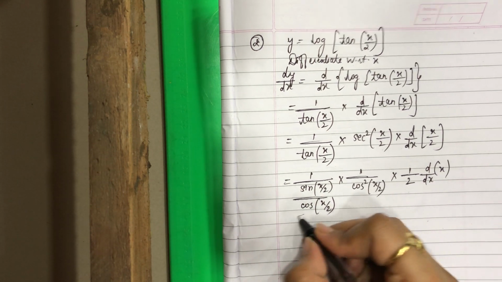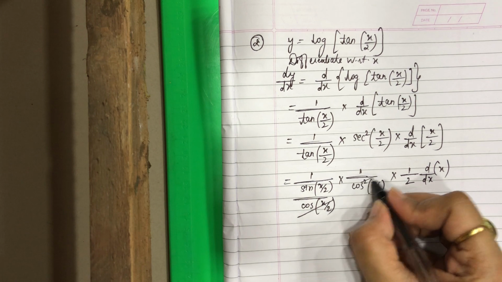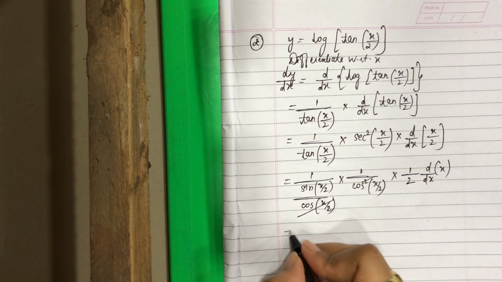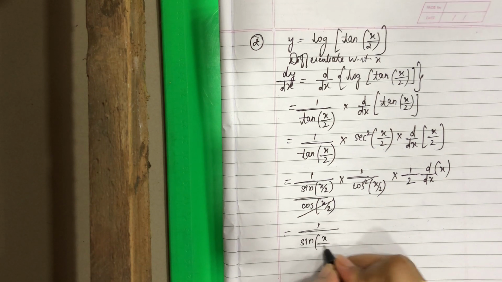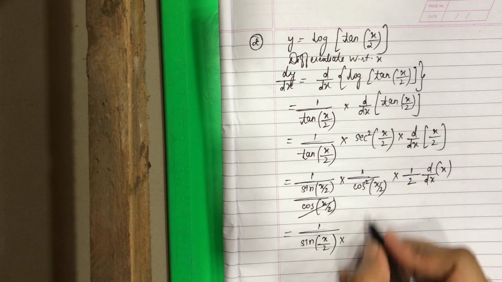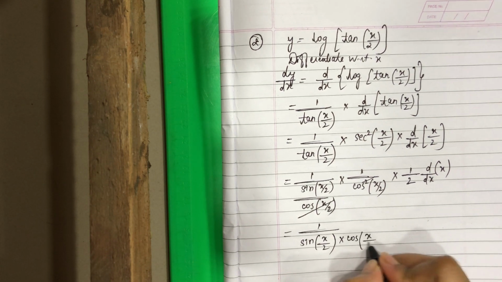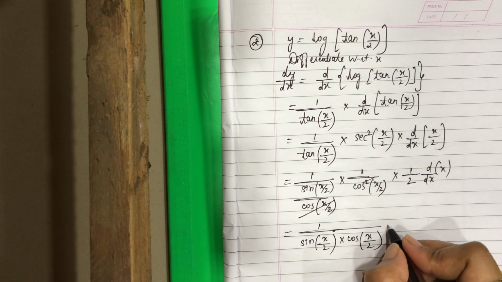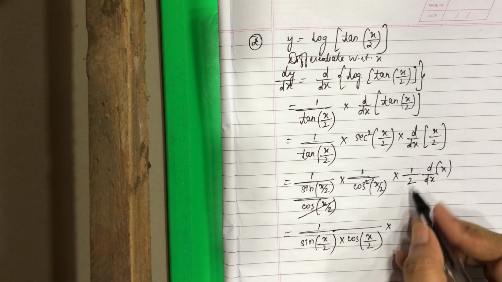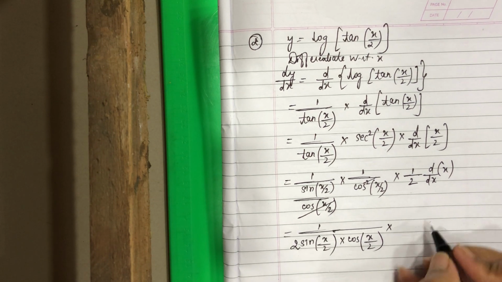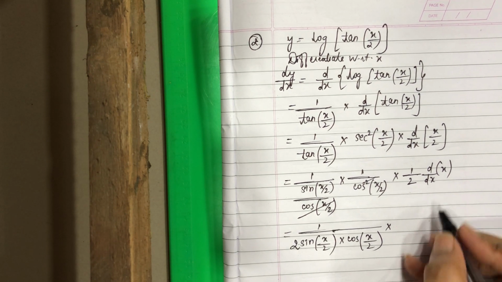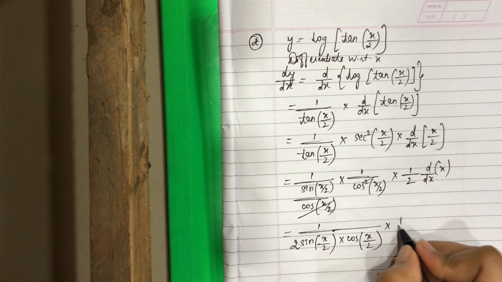So here one cos x by 2 gets cancelled. This gives you 1 upon sine x by 2 into cos x by 2 into 1 by 2. This 2 we can write down in front. That would be possible. D by dx of x is 1.